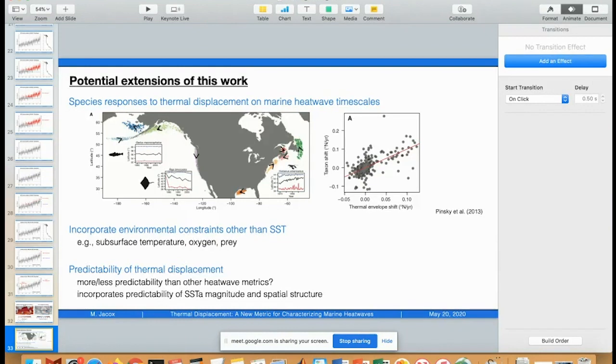Yeah, absolutely. And it's true of the traditional metrics as well, that they don't just mean something for marine species. For any species, you have to think about the thresholds and the responses. But I will say that, while obviously SST isn't everything, it is powerful.